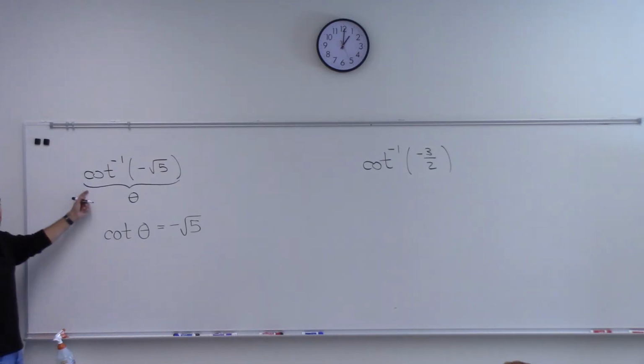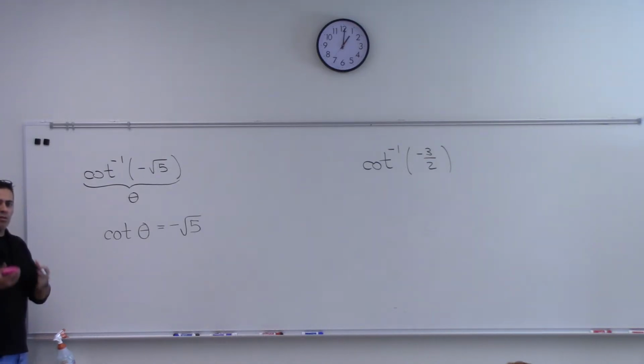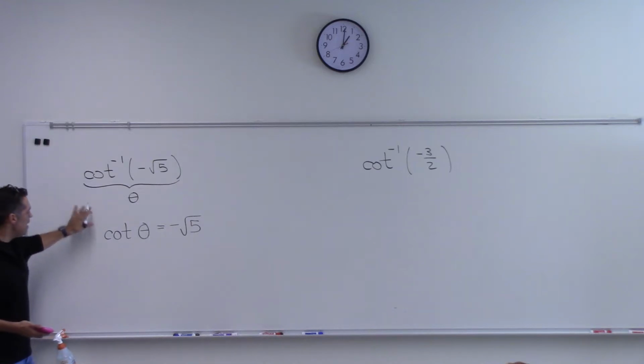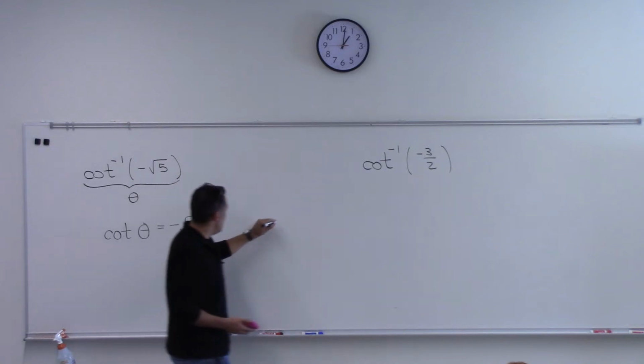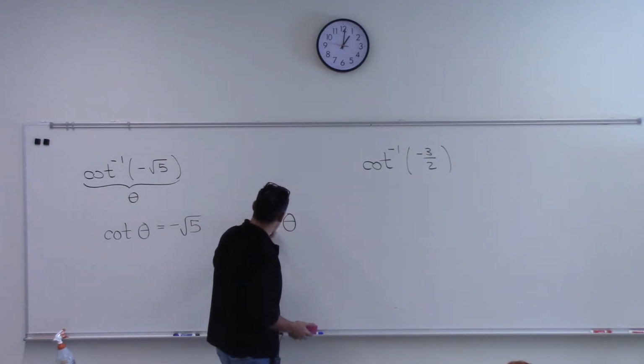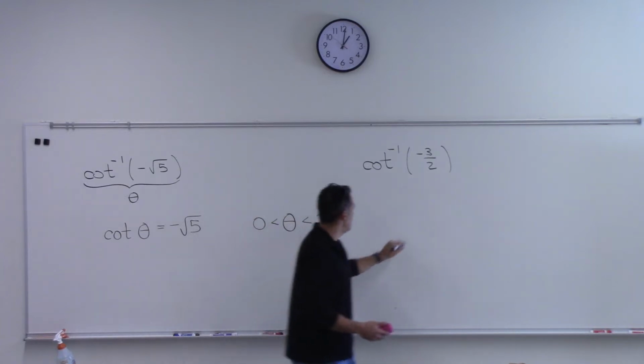Now, the inverse cotangent function has a domain restriction. Just like all of our other trig functions, in order to have an inverse, you have to have a domain restriction. The restriction we have for cotangent in order to have an inverse is that our angle, our answer, must be between 0 and pi. This goes back to the picture of cotangent.